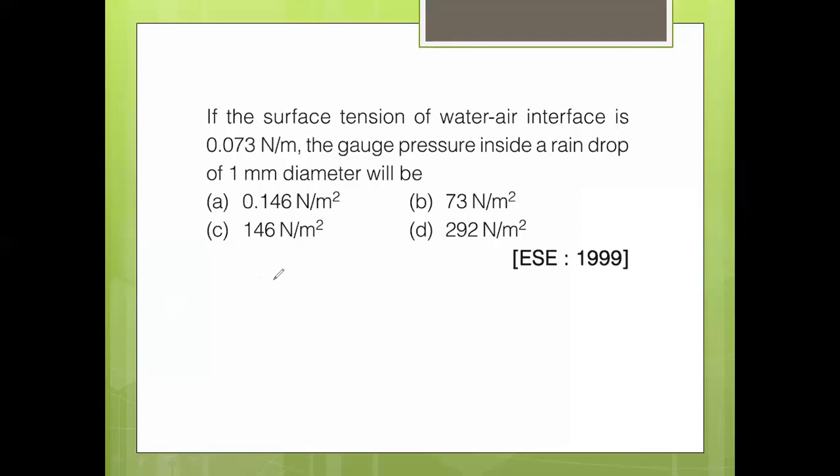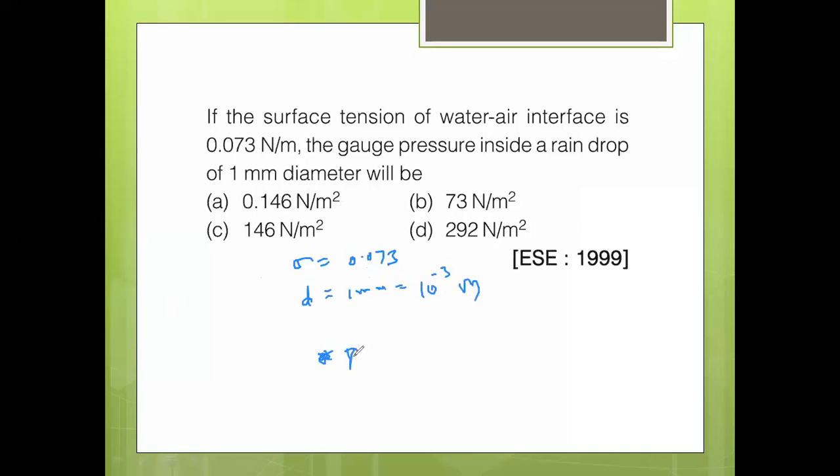What we have to do first, write down what it is. Sigma is equal to 0.073 and diameter is equal to 1 mm, you can write here 10 to the power minus 3 meter.